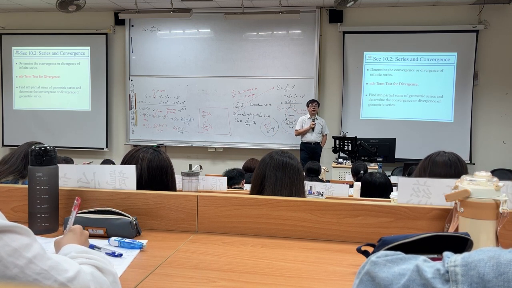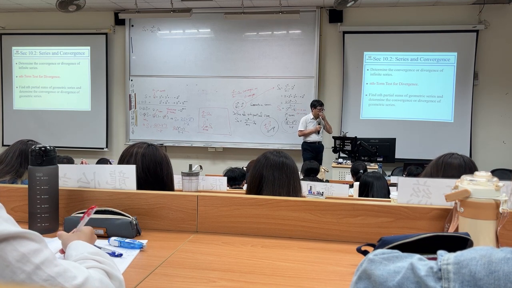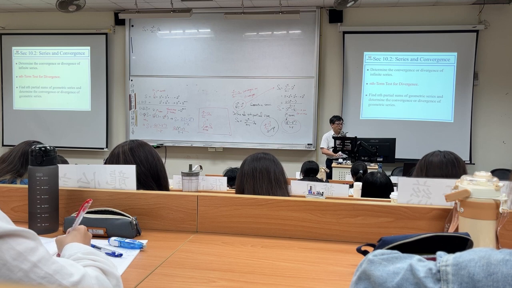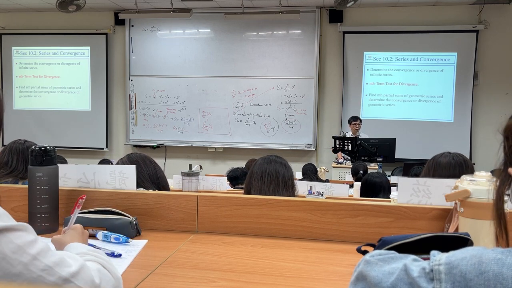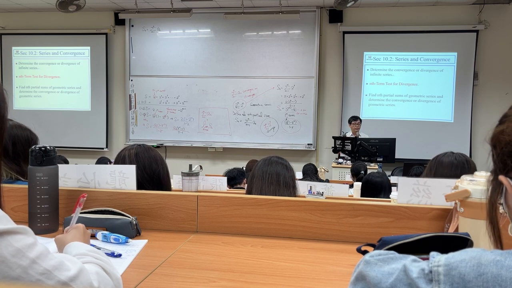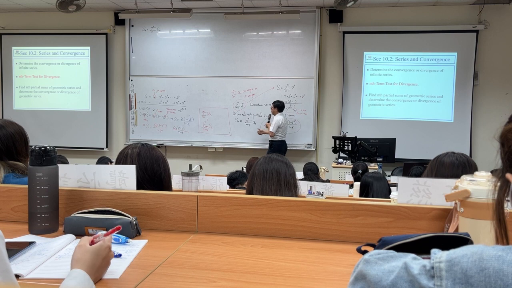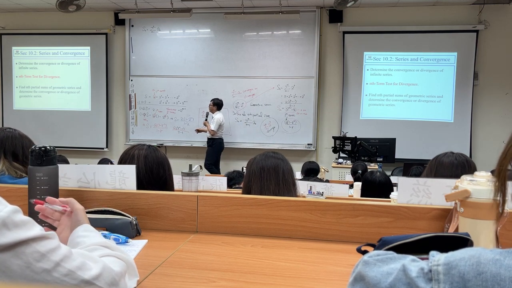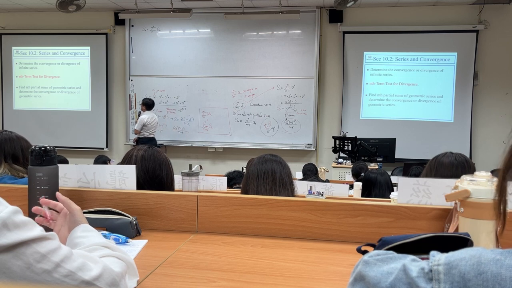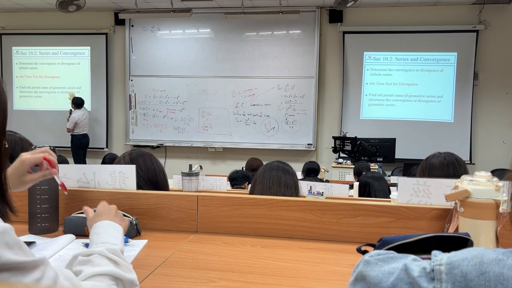Let's see. In section 0.2, there are 3 things. First of all, you want to determine whether or not a series diverges or converges, and there's a test we call the n-th term test for divergence.